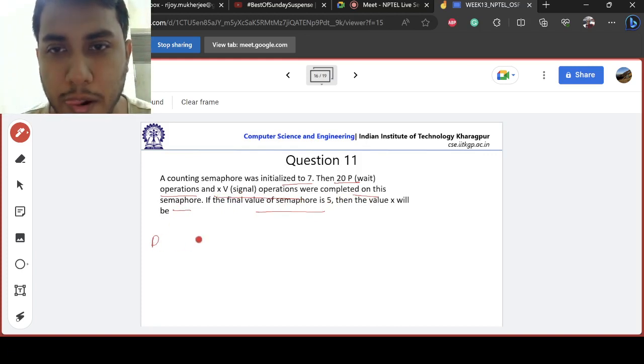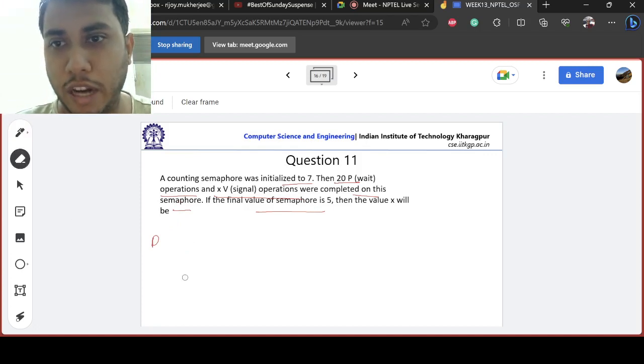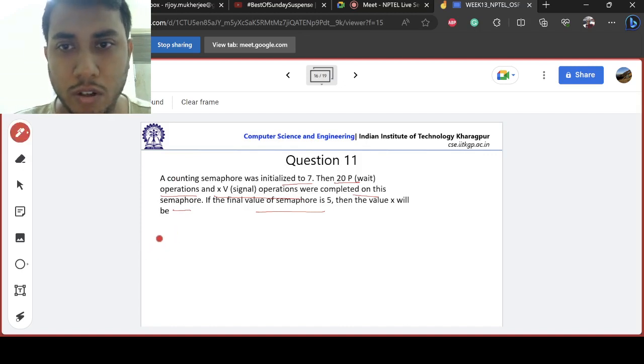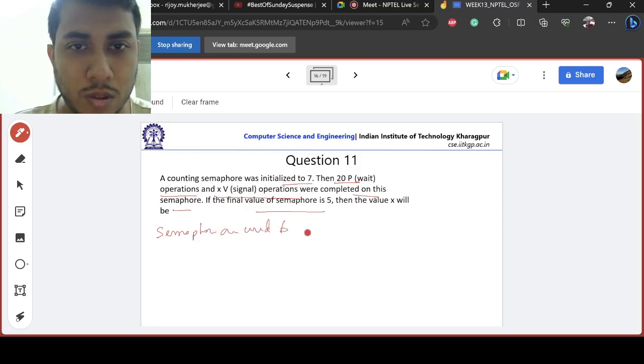So what is a counting semaphore? What is the difference between a counting semaphore and a binary semaphore? We know semaphores are used for mutual exclusion, right?